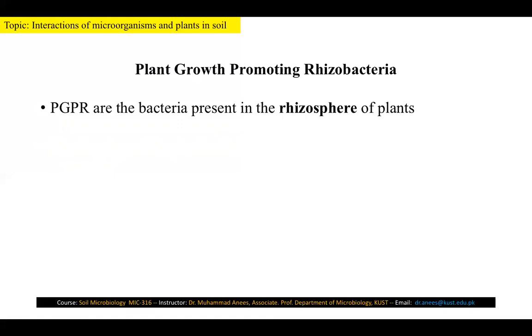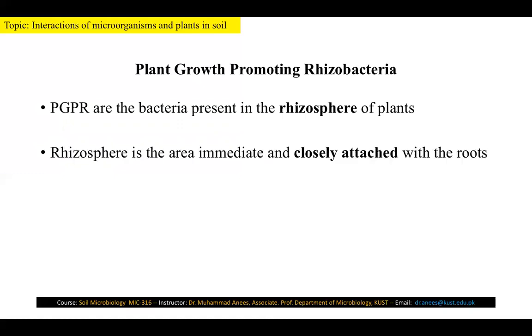What is rhizosphere? Rhizosphere is the area which is very close to the plant roots. It's the immediate zone. It is the immediate or closely attached area to the roots.